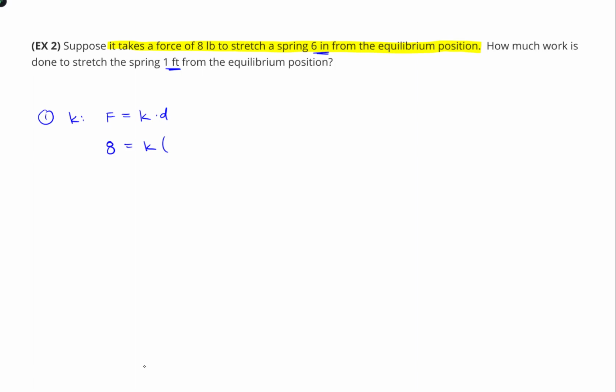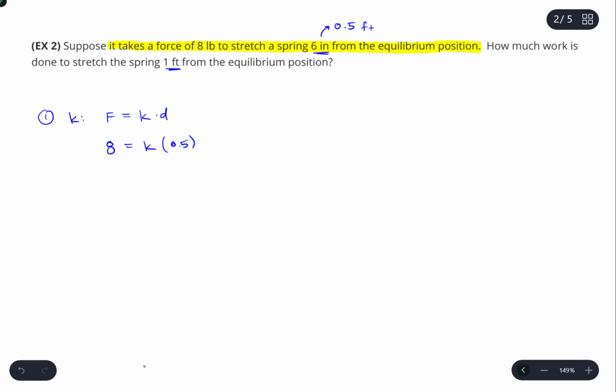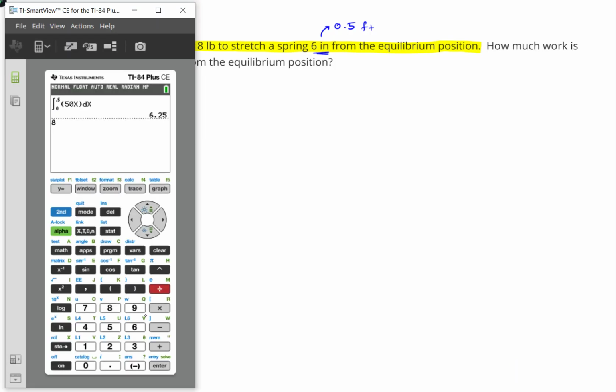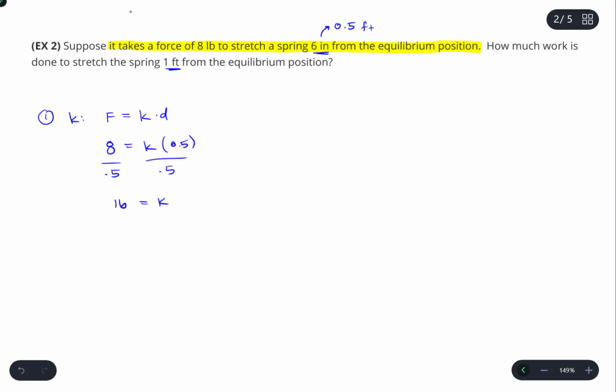It's more common to see work measured in foot-pounds than inch-pounds, so we'll use feet. So 6 inches is 1/2 of a foot, 0.5. Then we divide both sides by that. 8 over 0.5 just doubles it, so that's 16.